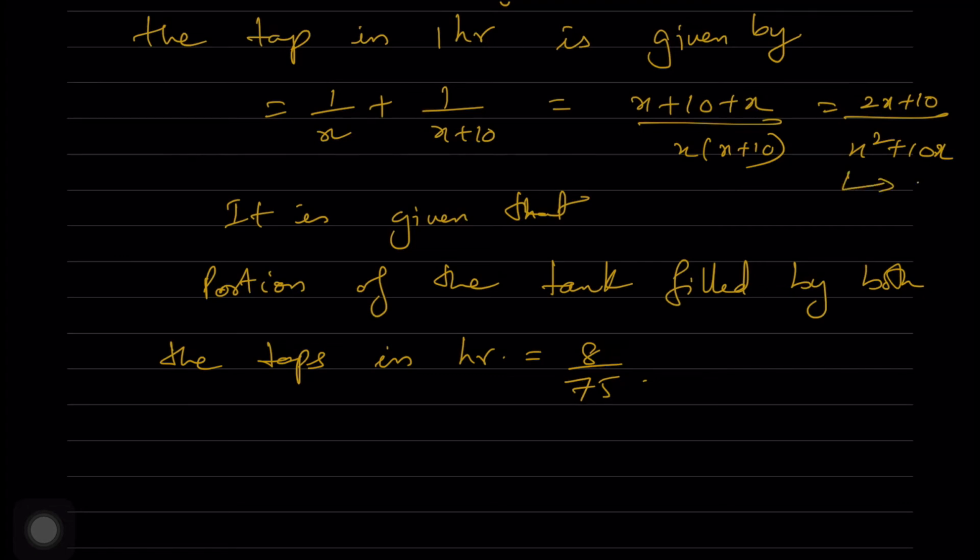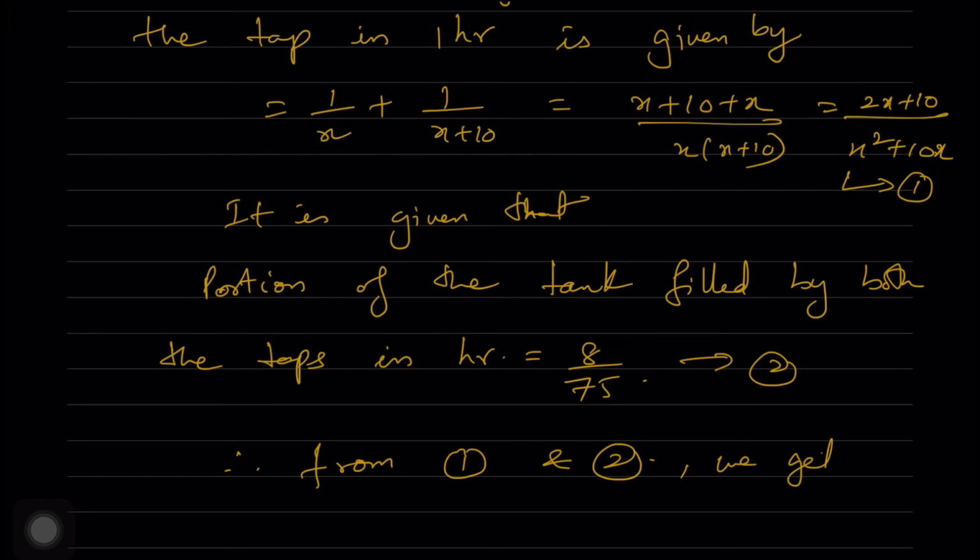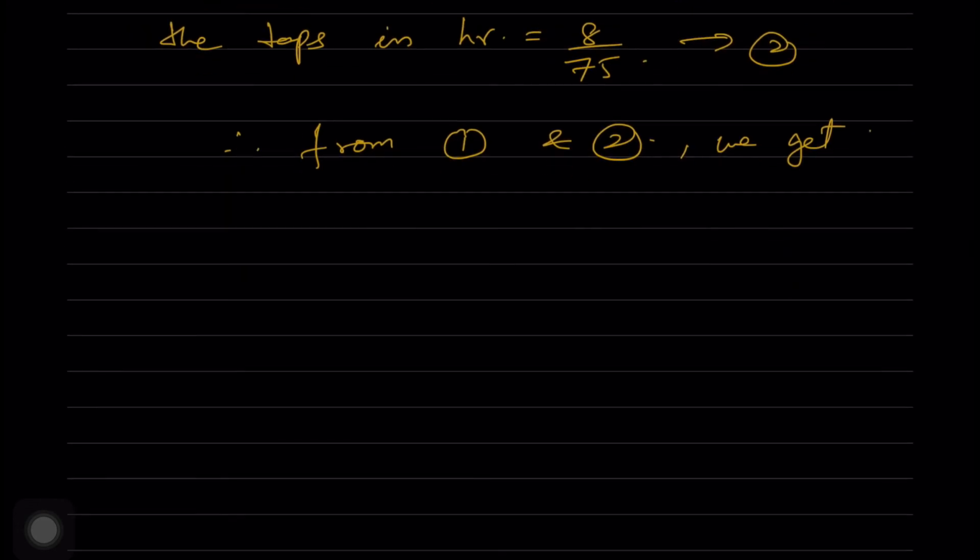So if we take this as first equation and this as second equation, therefore from 1 and 2, we get 2x plus 10 by x square plus 10x is equal to 8 by 75.